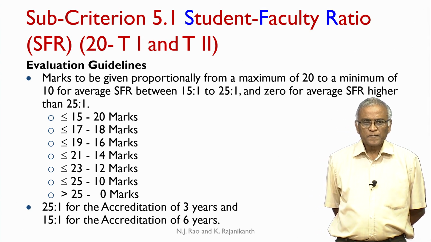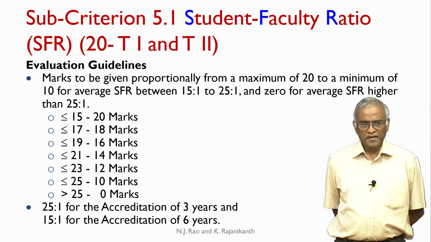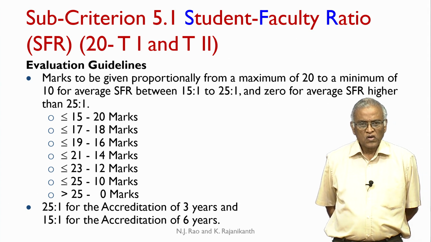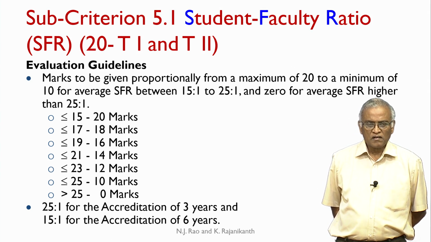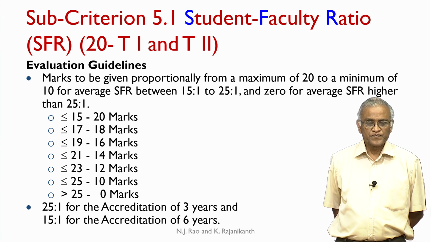Now, anything more than a 25 ratio, you get 0 marks, and there is one rider for this. If you have a ratio anywhere from 25:1 up to 17 or 16:1, then the accreditation is given only for 3 years.